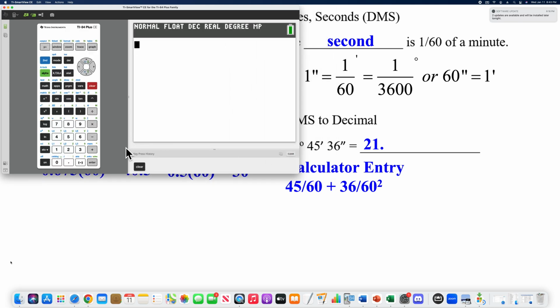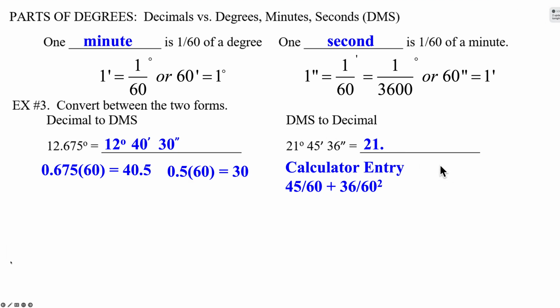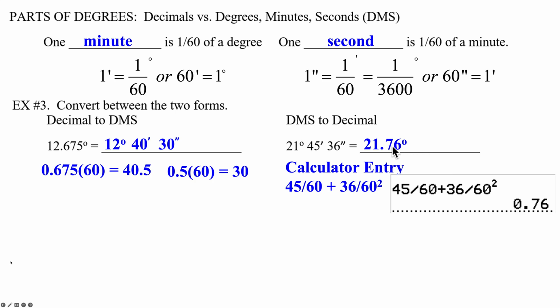What I would do is 45 divided by 60 plus 36 divided by 60 squared. It's a little quicker and easier to type that into our calculator. 0.76. So there's my screenshot of the calculator entry, 21.76. There's my degrees.